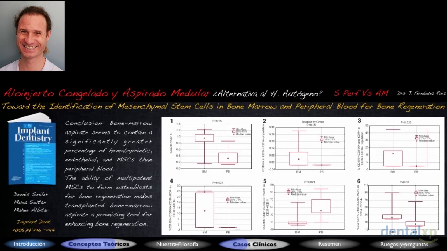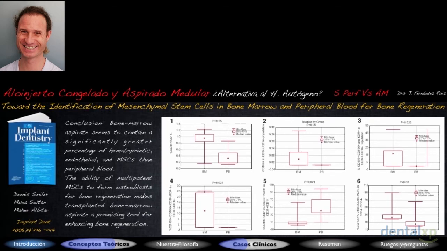So the ability of the multipotent cells to form osteoblasts for bone regeneration makes transplanted bone marrow an optimal option for regeneration.